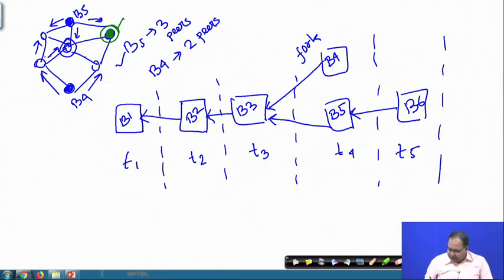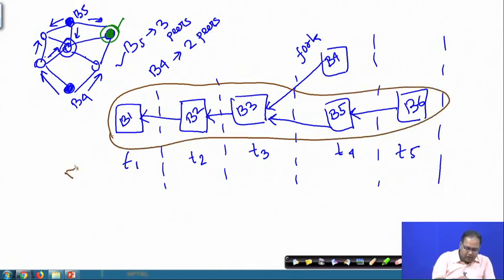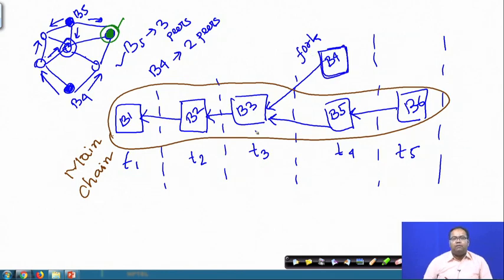This chain is termed the main chain in the blockchain network, and block B4 does not become part of this main chain. So, we call this block an orphan block. That way the entire blockchain gets propagated in the network.